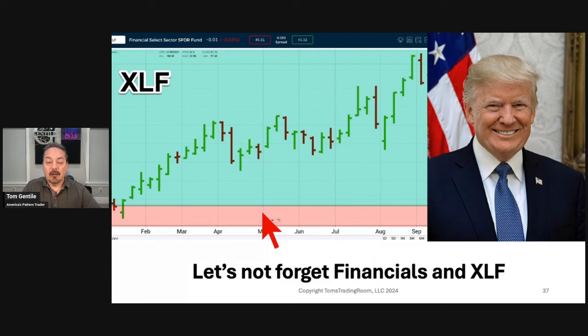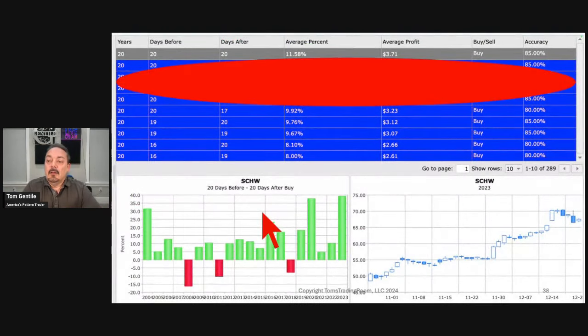So that's XLF. Now, my favorite stock out of all 3 sectors, I pulled a stock out of my favorite sector and did some more analysis on it. Here's what I've come up with. This is Charles Schwab and Company, SCHW.